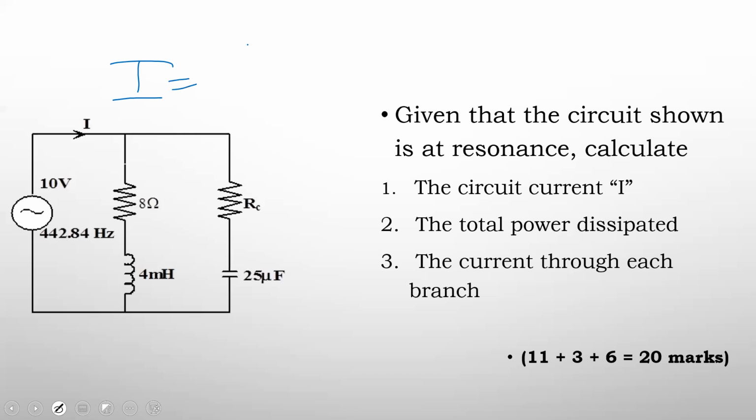So I is equal to V over Z. All right, so we wouldn't be specifying ZD, as I said earlier, because this is not the tank. Now, how am I going to go about finding ZT? The circuit is resonating.